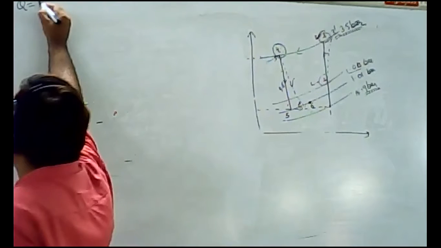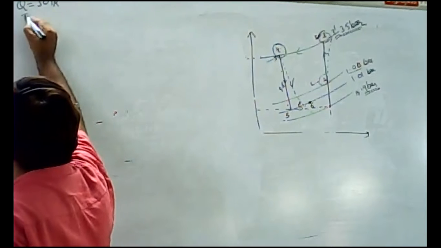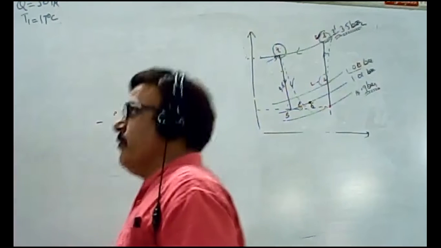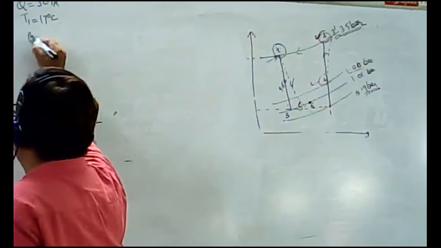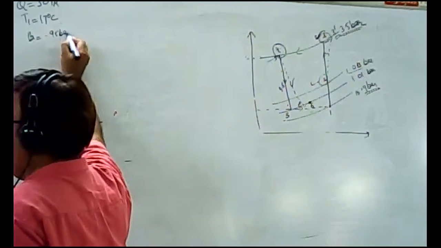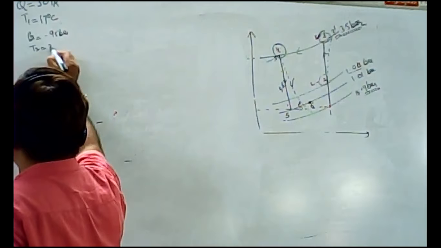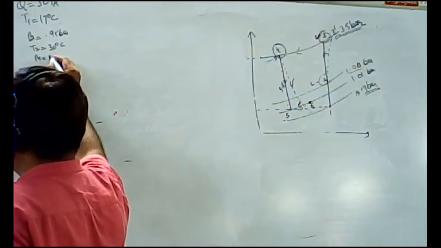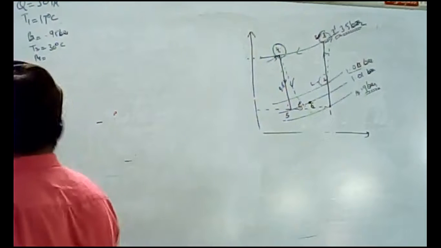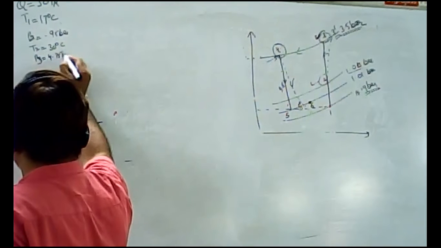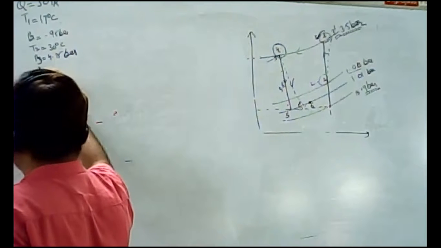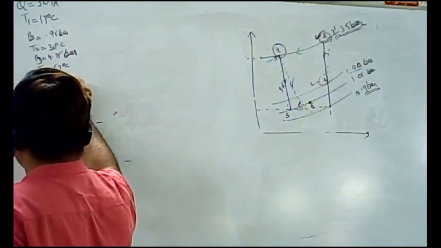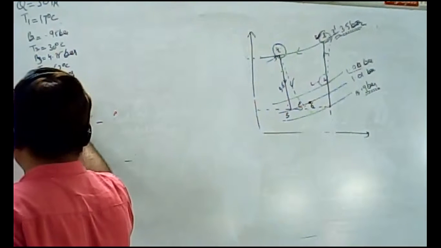Q is 30 tonnage, T1 is 70 degree centigrade, P2 is 0.95 bar, T2 is 30 degree centigrade, and P3 is 4.75 bar, P4 is 4.75 bar, T4 is 67 centigrade, and P5 is 1 bar, and T6 is 27 degrees centigrade.